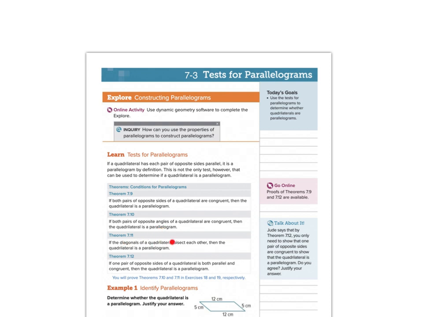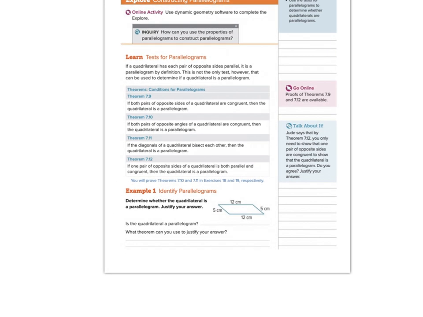If the diagonals of a quadrilateral bisect each other, then it's a parallelogram. And then if one pair of opposite sides of a quadrilateral is both parallel and congruent, then the quadrilateral is a parallelogram. That one's really the only one that isn't straight off our definitions, this final one.